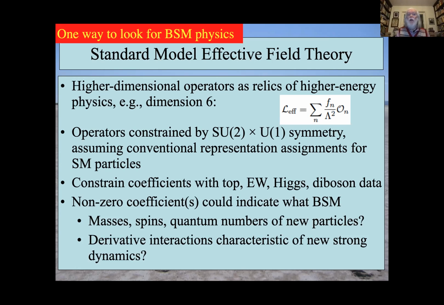And if you find a non-zero coefficient, that could indicate the nature of the physics beyond the standard model, and maybe give you some hints about the masses, spins, and quantum numbers of new particles. And if you find, for example, that there are derivative interactions, that might be characteristic of some new strong dynamics. So that's the basic idea.